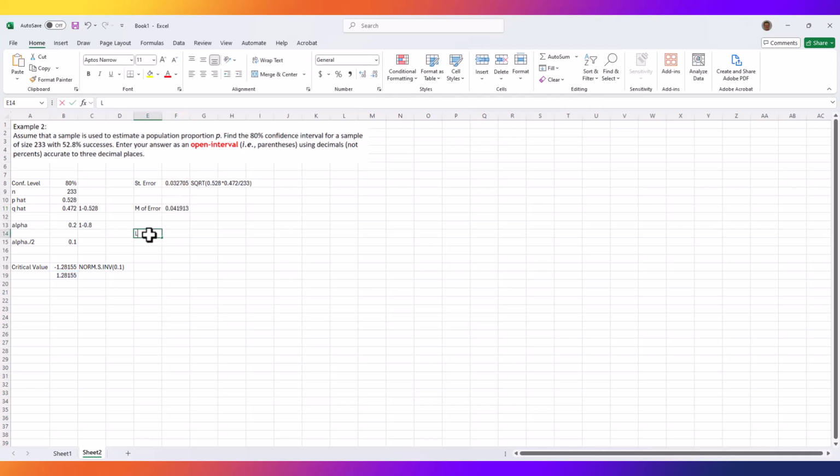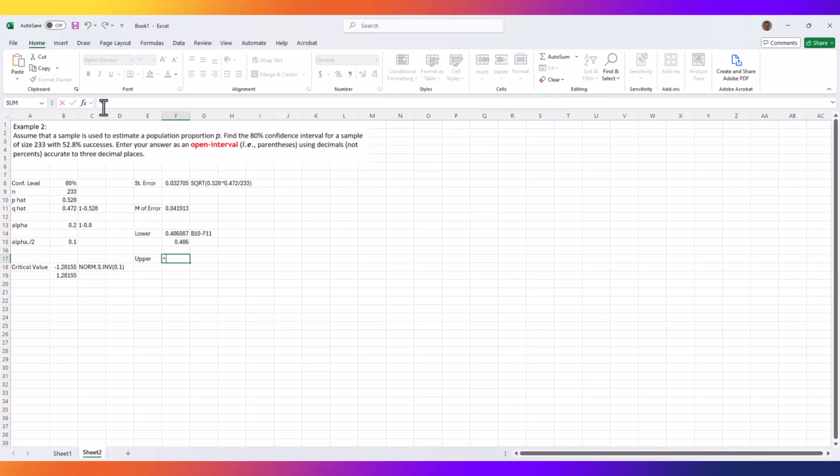And again, we use this to find the lower and upper bounds for our confidence interval. And the lower bound, we take P hat, and we subtract our margin of error. We're supposed to round to 3 decimal places. 0.4860, so that 6 is going to stay.